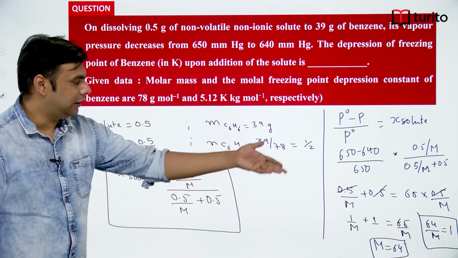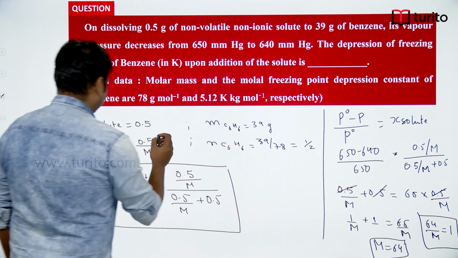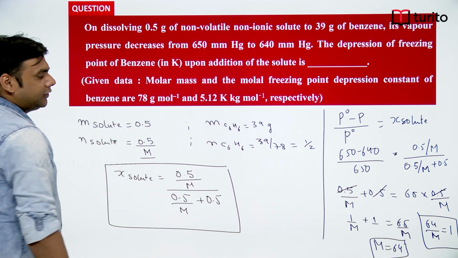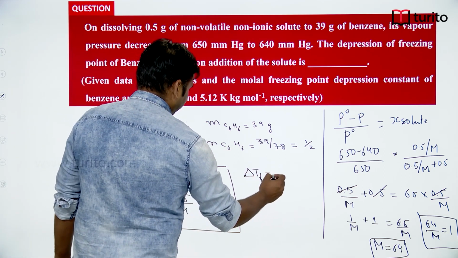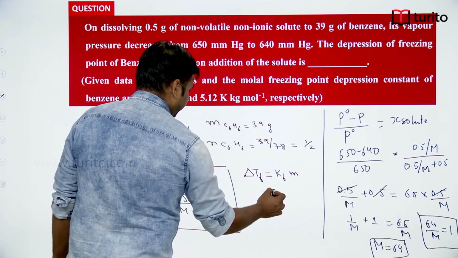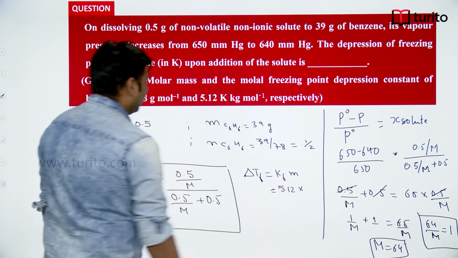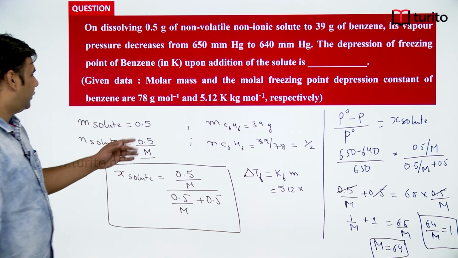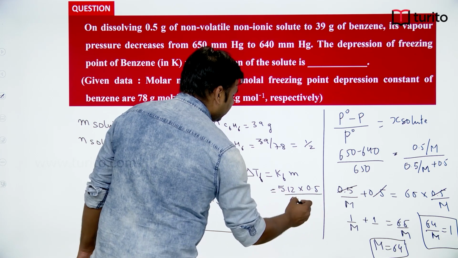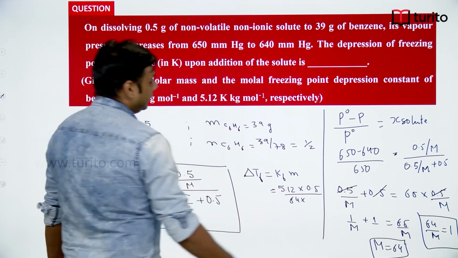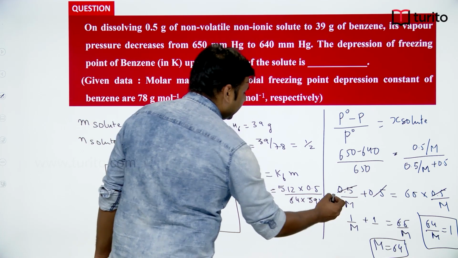So the molar mass of the solute is 64. This data was given to get the molar mass of the solute. Now we need to find the delta Tf, which is equal to Kf into m. The value of Kf is 5.12. The molality of the solution would be moles of the solute, which is 0.5 upon 64, into mass of solvent in kg, which would be 39 into 10 raised to minus 3.